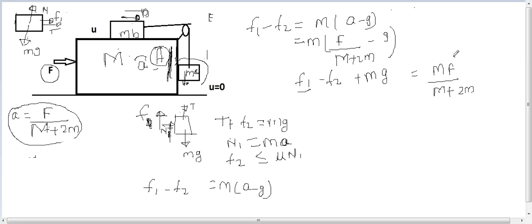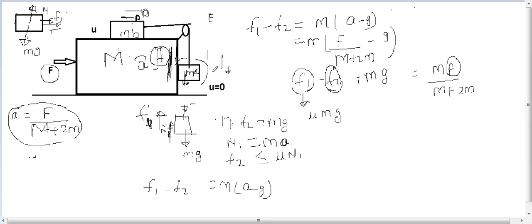If I say this is the maximum, then this F1 should be maximum and this should be minimum. What is the maximum value of this? Maximum value of this is mu mg. And what is the minimum? Friction force may be in this direction or in this direction.